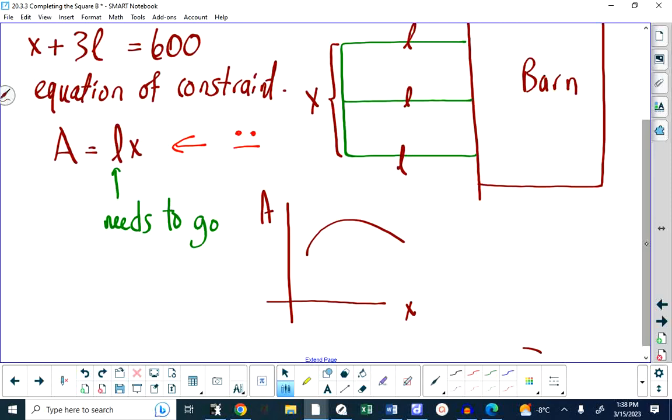Well, you have it in general. I think what you're looking for is a more specific answer. But in general, what Christy's referring to is we use this equation and we rearrange it for the variable we want to get rid of. So we're going to rearrange this top equation of constraint for L.